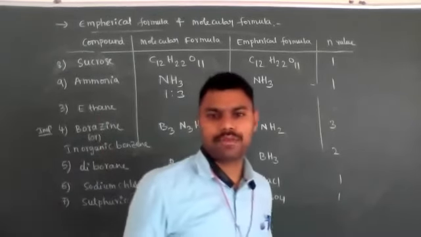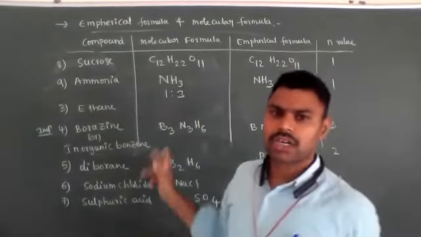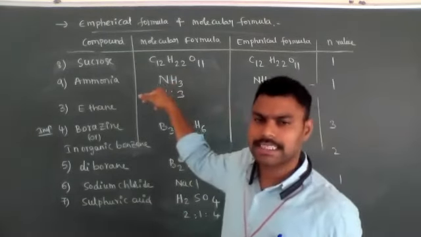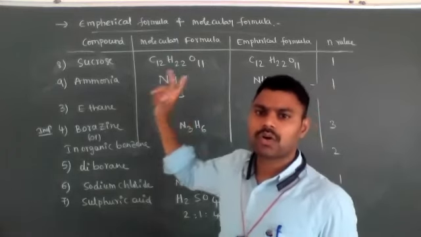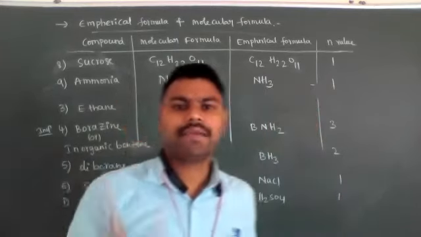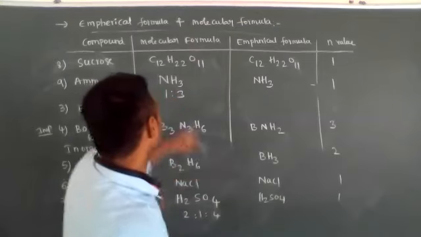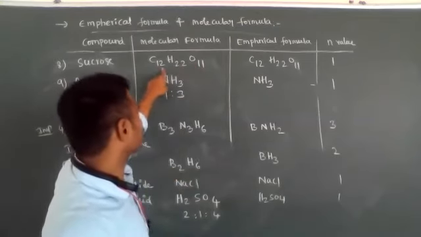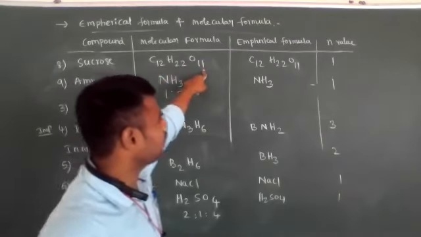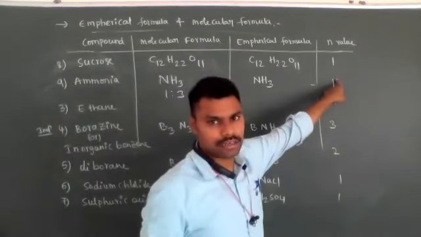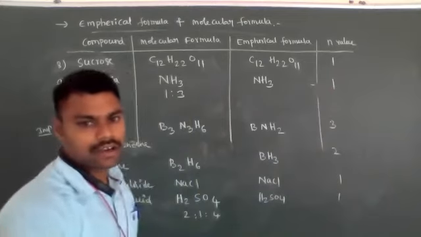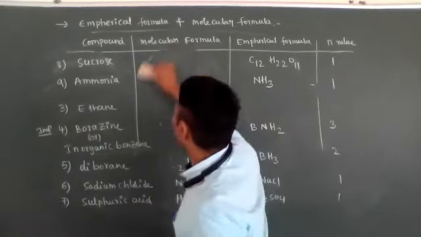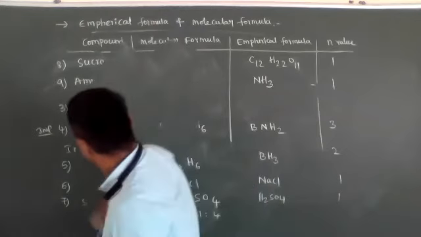Glucose and fructose molecular formulas are the same: glucose is C6H12O6, and fructose is also C6H12O6. But sucrose is C12H22O11, and its simplest ratio is also 12:22:11 only, so n is equal to 1. Like that we can write so many examples, and you have to practice on your own.